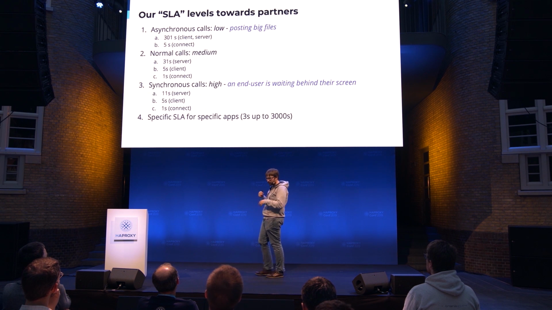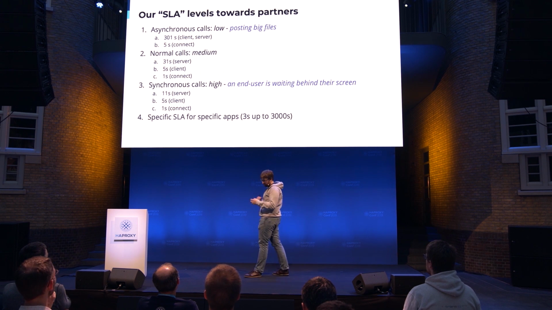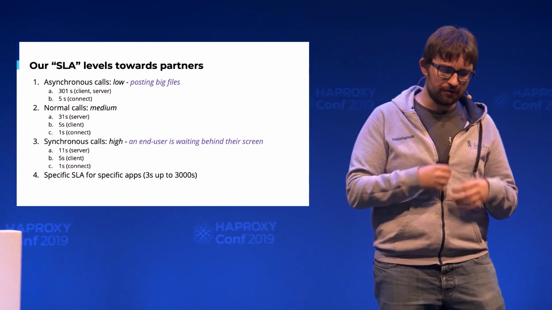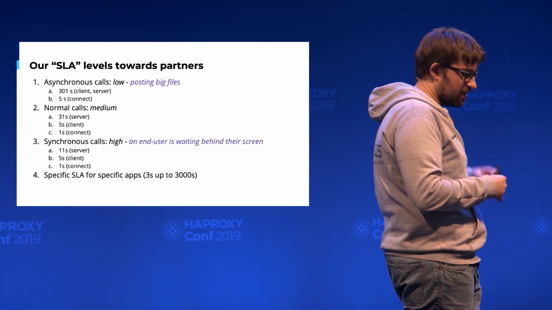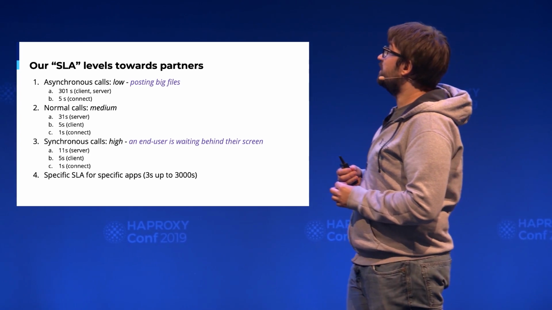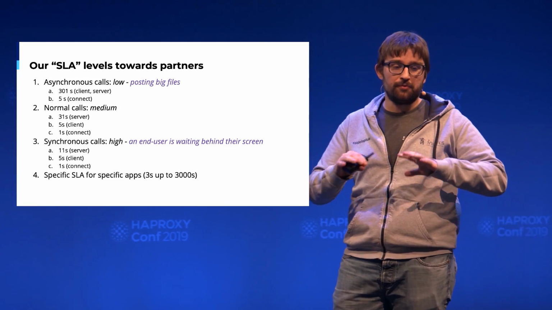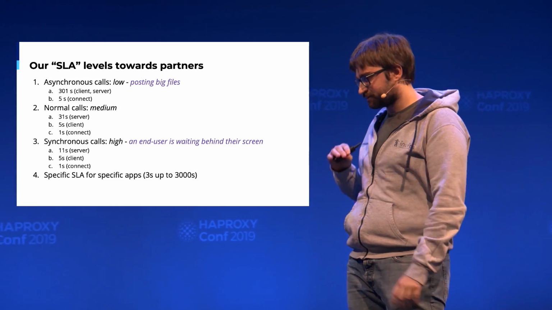So that's what we have. We have some SLAs for when we post big files, that will be maybe 5 minutes. And also some medium SLAs for normal transactions that will go up to 30 seconds. And the lowest SLA that we have is 10 seconds. So we are not in a hurry, right?